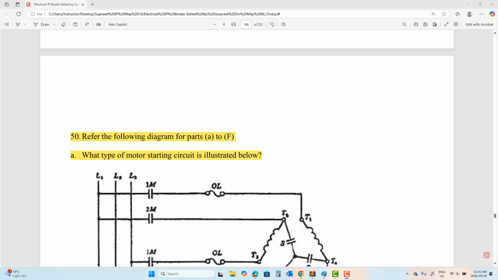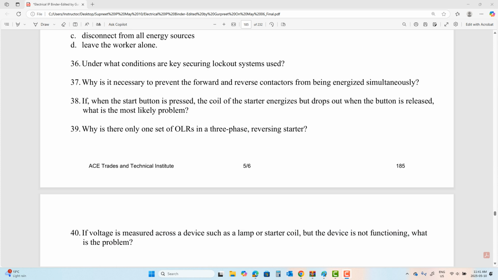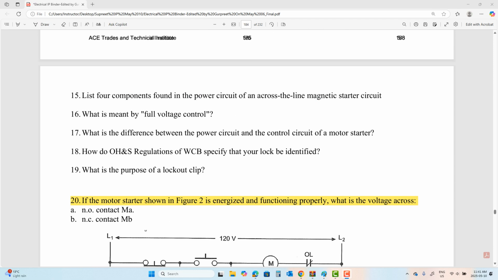All right, let's review where we are at. Anything from question 1 to question 10 that you want me to answer? Question 11 to 15.